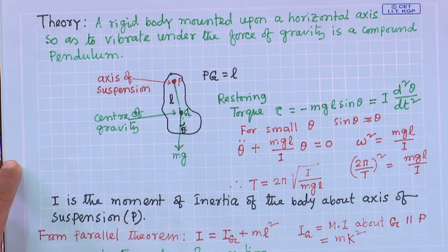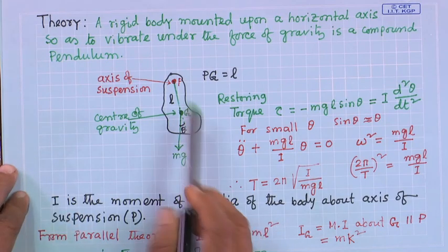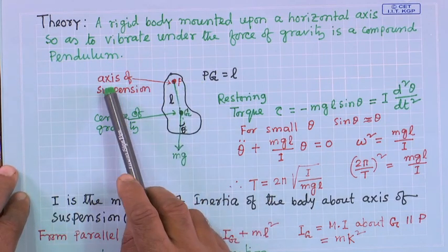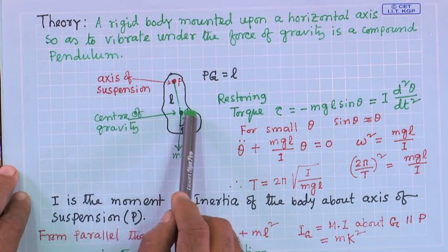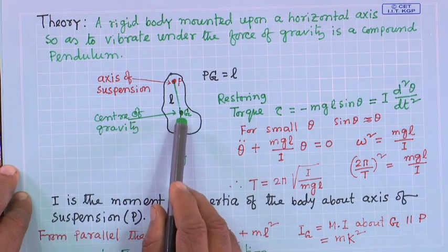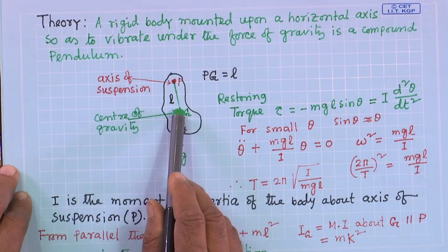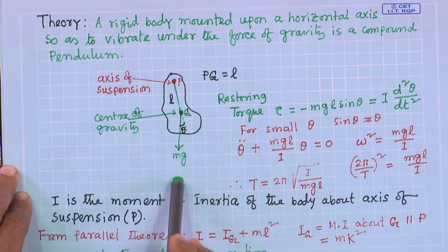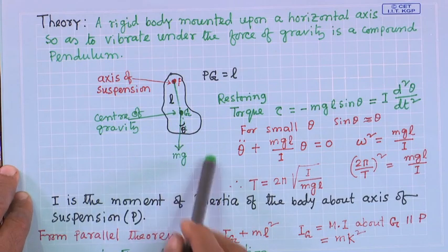A rigid body mounted upon a horizontal axis so as to vibrate under the force of gravity is a compound pendulum, right. As I told, this point P is the axis of suspension, G is the center of gravity.